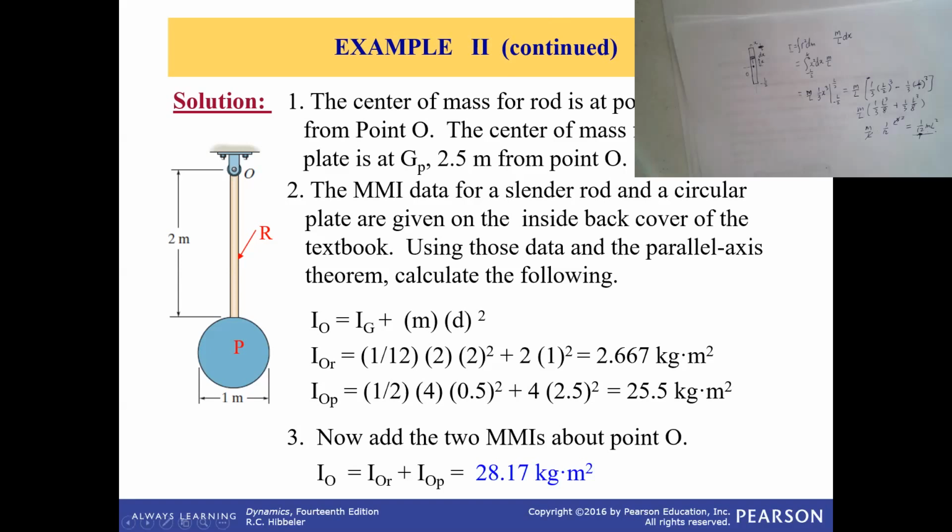Yeah, so how did you know that it was L/2 again? How did you know that was your integral from negative L/2 to positive L/2? I see.